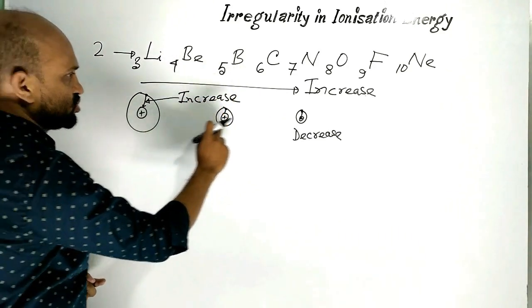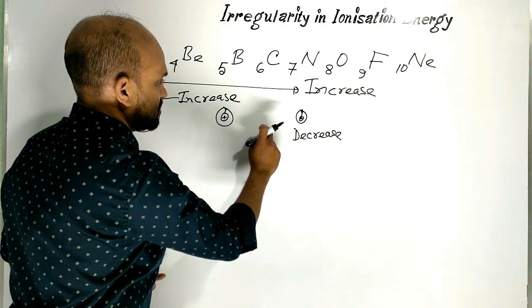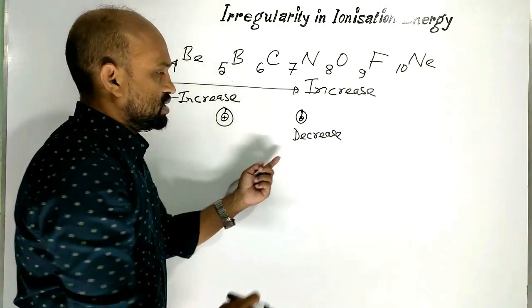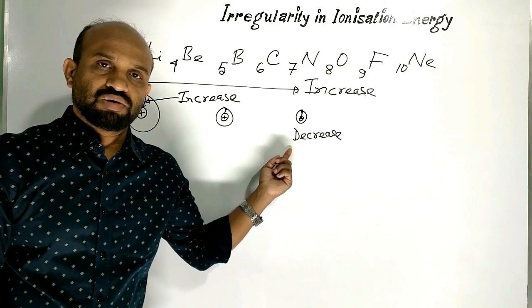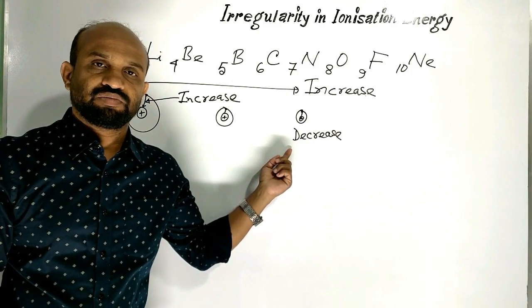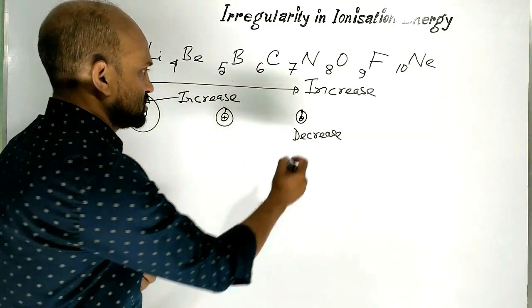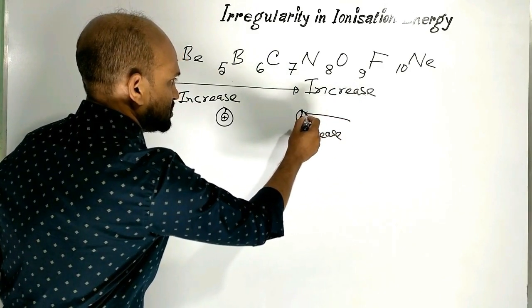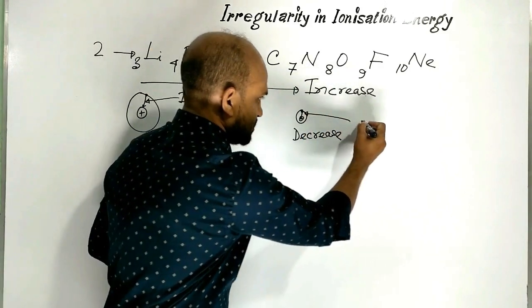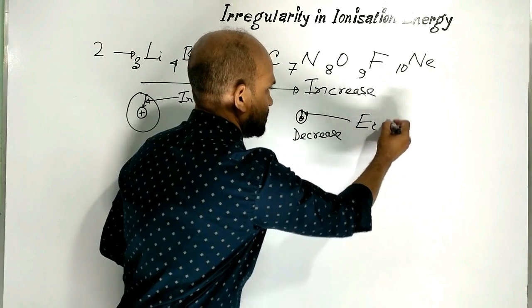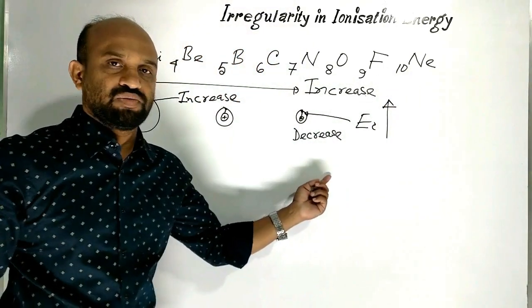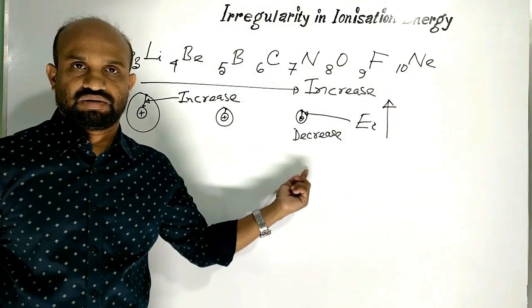When attraction force increases, removing electron from the outermost shell becomes tough. That means a high energy is required. That is, ionization energy becomes high from left to right.